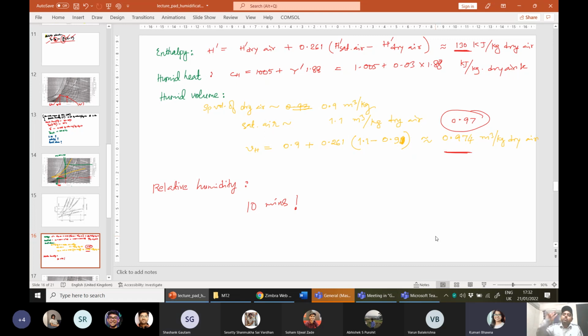Let me hear you out. Vardhan, continue what you are saying. Sir, like I was saying, we draw the vertical line from 55 degrees on the dry bulb temperature axis, and then we draw a line for the wet bulb temperature, and where these two intersect, we'll. So hang on. You want to draw a vertical line from the.